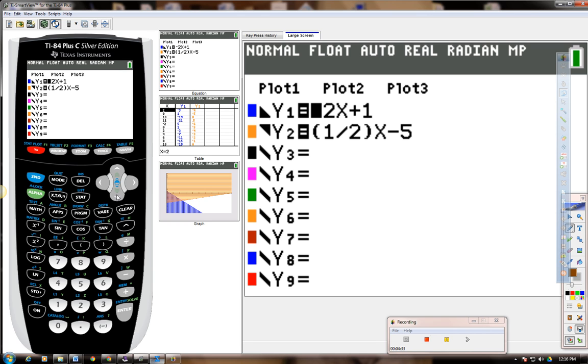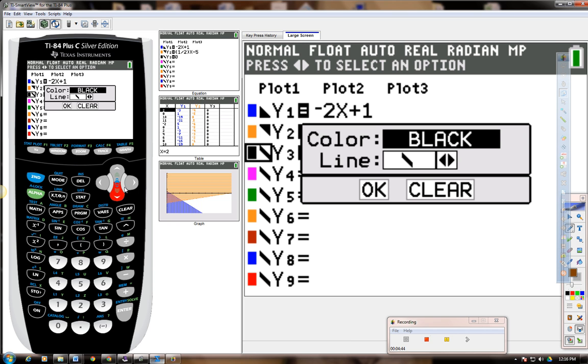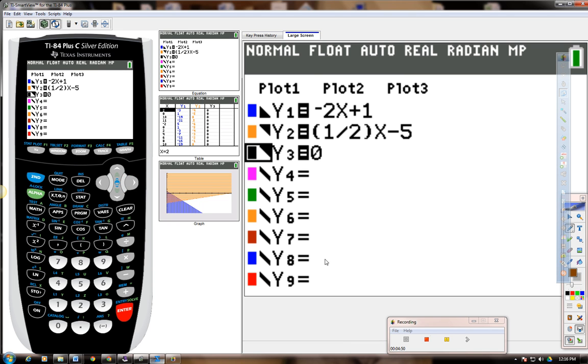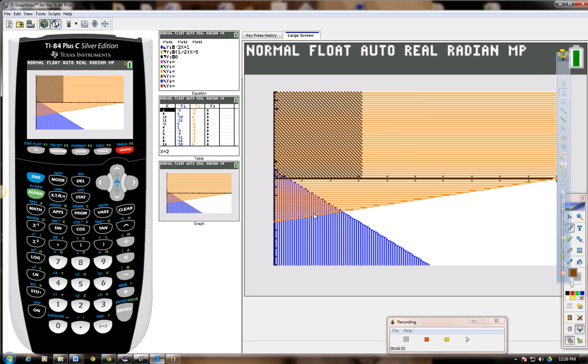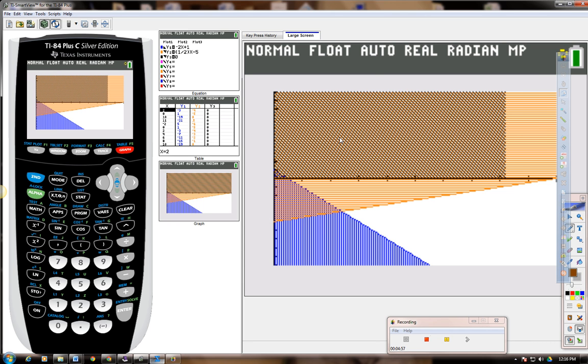I would just go down, make it 0. I'm shading above it. Okay, and graph.